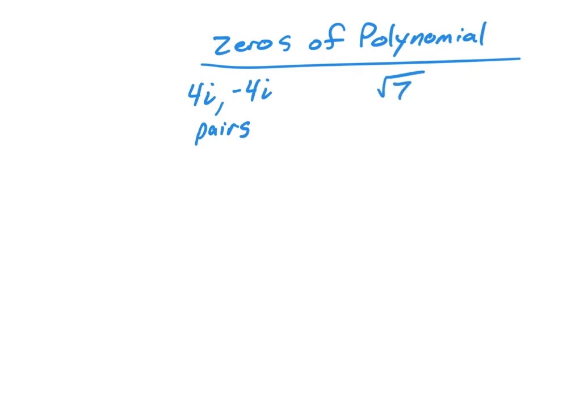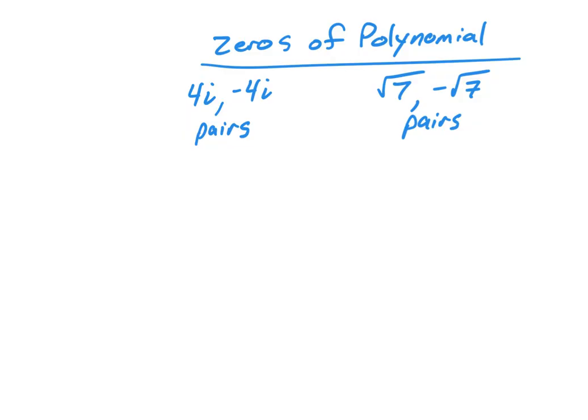If I said radical 7 is a 0, then negative radical 7 is a 0. They also come in pairs. If it's just a regular old integer like 6, it does not come in pairs. Just because 6 is a 0 doesn't mean negative 6 is. But that's what we call the conjugates of each other. Works for i's and it works for radicals. You'll see a question about that today.